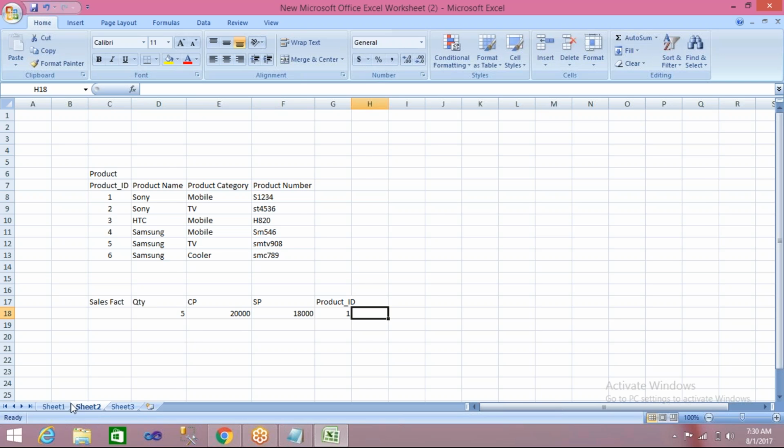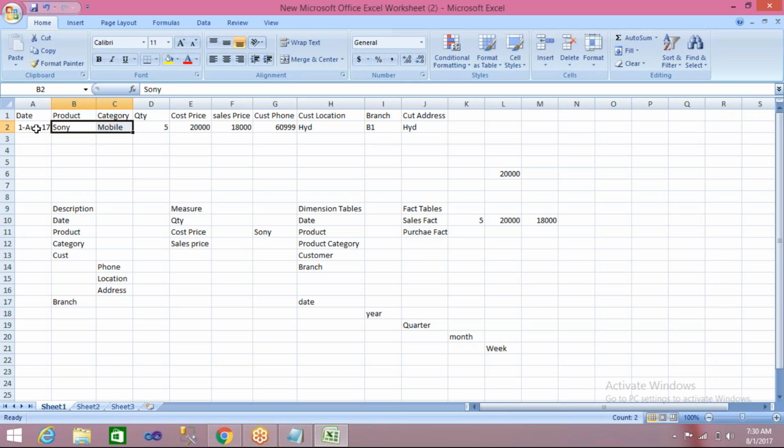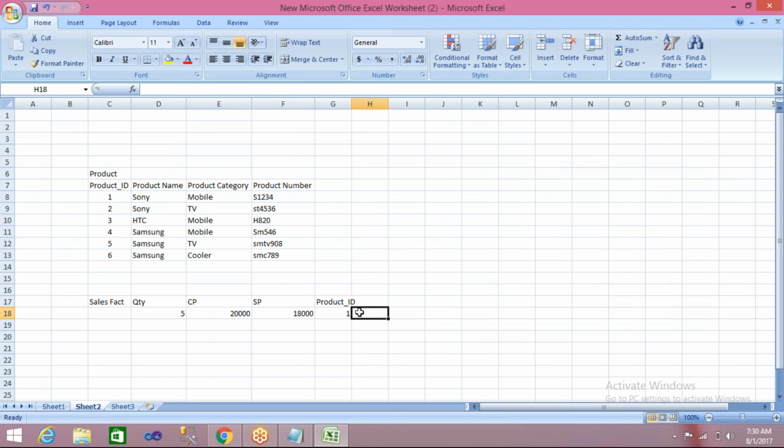Similarly, in the date table, assume we have 365 days for each year, so we can give one ID for each day. That means we will get 365 IDs for each year. Assume for August 1st we have some ID, say 150.